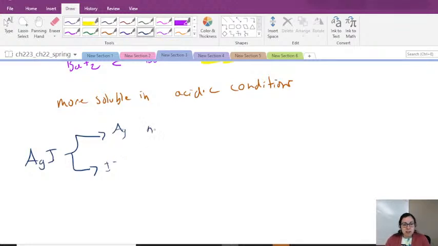Yeah, and we can also say that they're neutral too, and iodide is also neutral. So would it have any effect to be in an acidic solution? I see some no, so probably no effect.